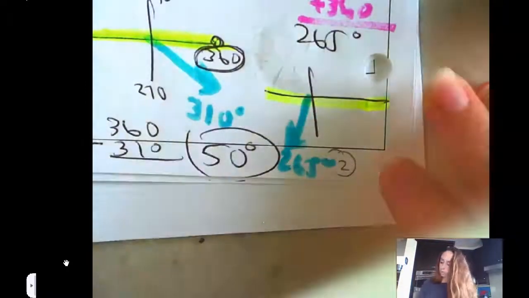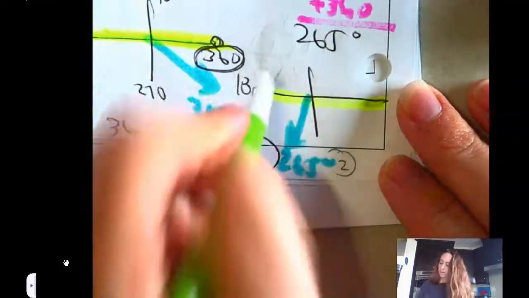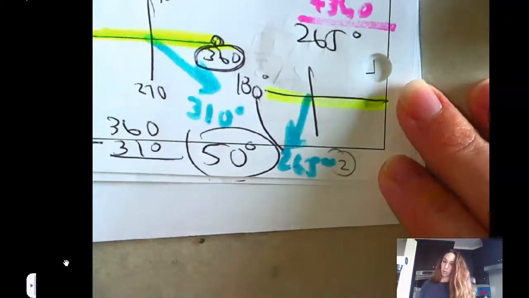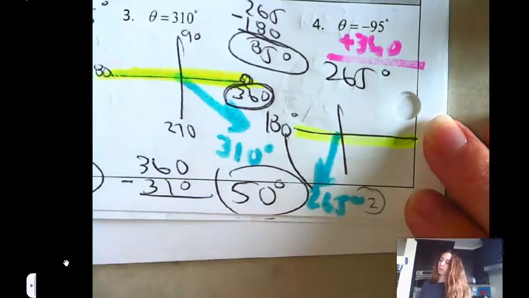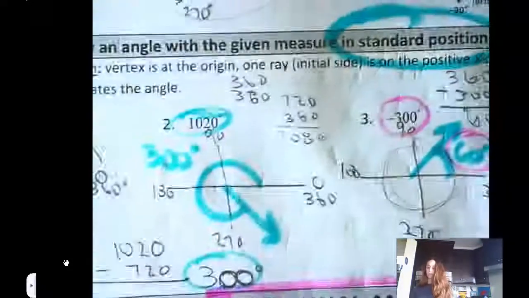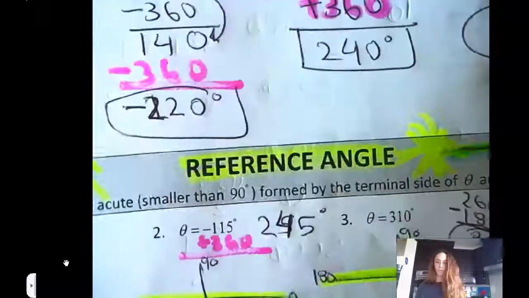What's closest to 265? 180. Find the distance from 265 to 180. 265 minus 180 is 85 degrees. Okay? And that's the definition for angles of rotation, standard position, coterminal, and reference angle.